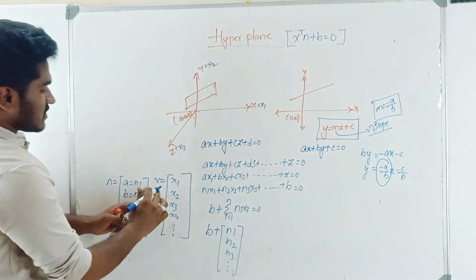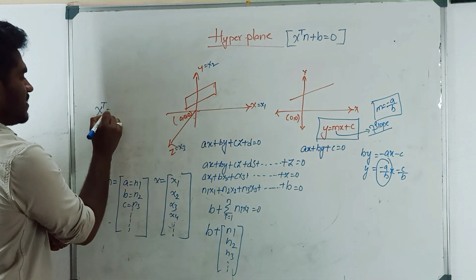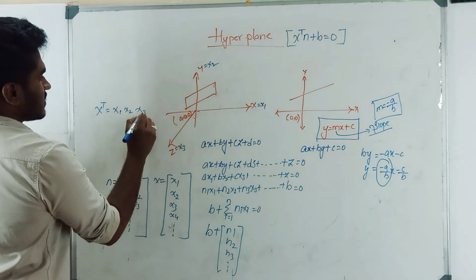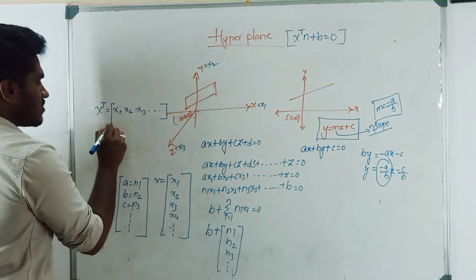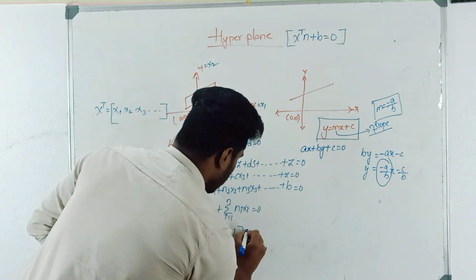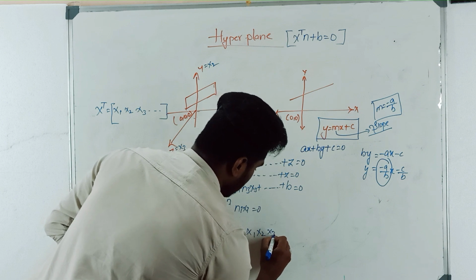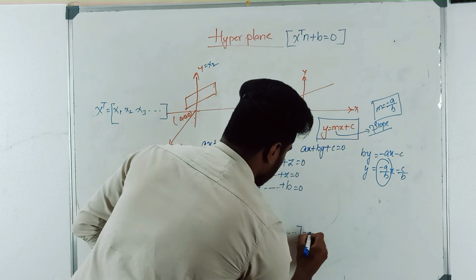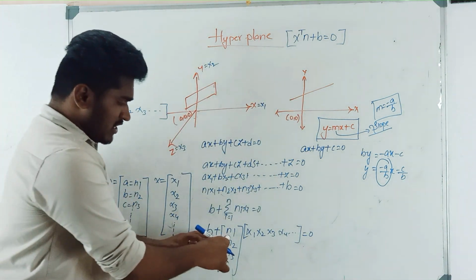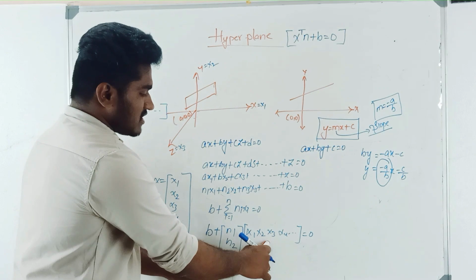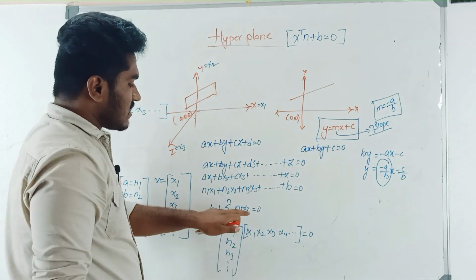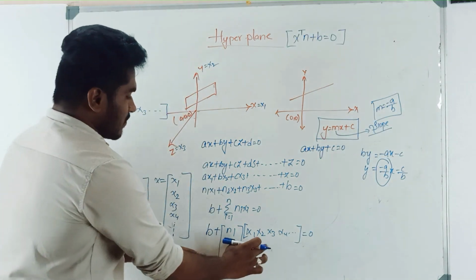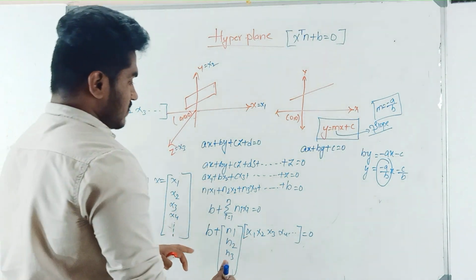When I transpose x, it will be converted to x1, x2, x3, x4 and so on, equals 0. When I multiply this vector with that vector, finally we will get this result. Now I'll replace these vectors by their names.